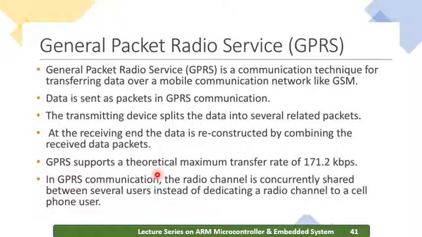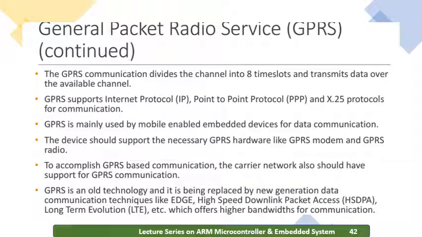GPRS supports a theoretical maximum transfer of 171.2 kbps, and the GPRS radio channel is concurrently shared between several users. GPRS divides the channel into 8 time slots and transmits the data over the channel.